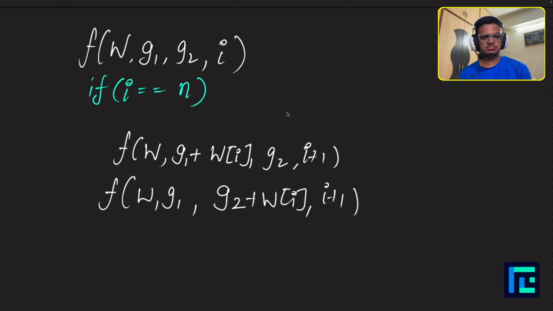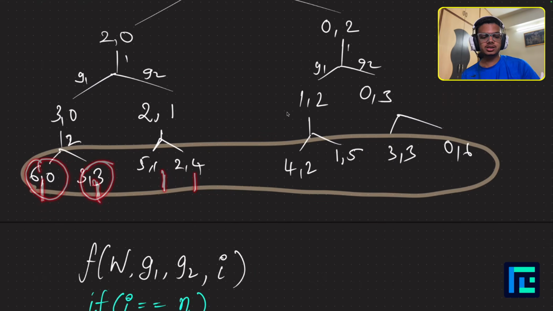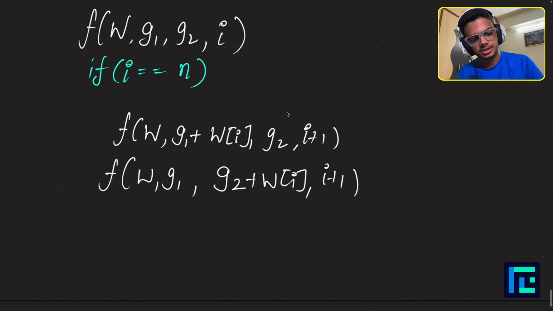In this case, G1 and G2 will hold the weights of the current partition, right? So when I has become equal to n, G1 and G2 are holding the weights of the current partition. So in this case, we can just update the answer. Maybe we have an answer variable, a global variable, or we pass it by reference.